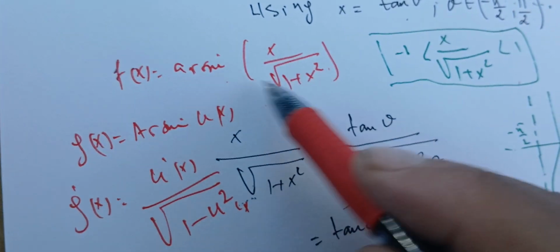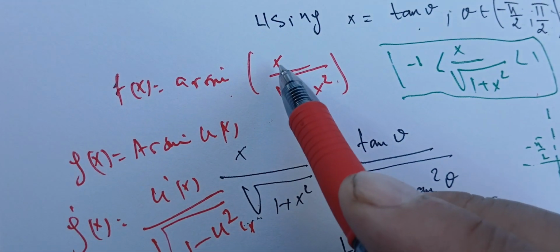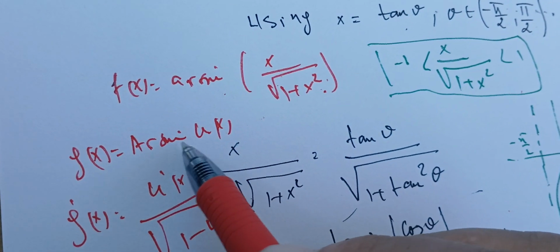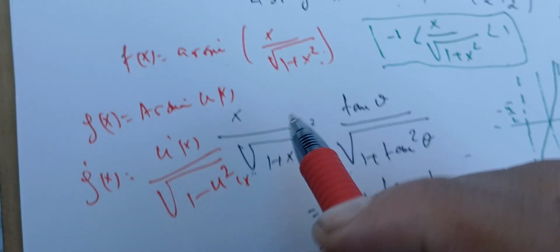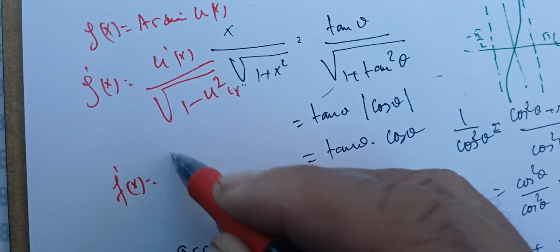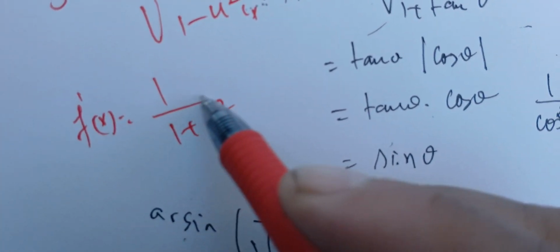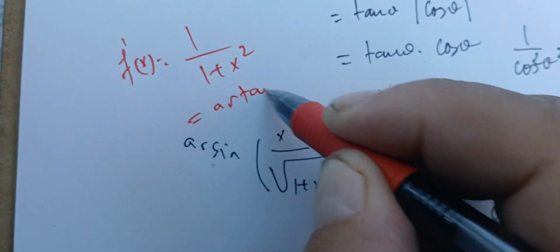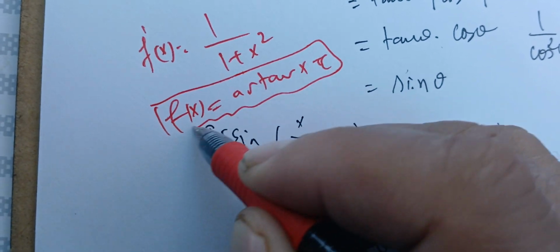If we do all these steps for f, taking u of x as x over the square root of 1 plus x squared, we get that f prime of x is 1 over 1 plus x squared. And we know a primitive of this one: it's just the arctangent of x plus c. So f of x is arctangent of x plus c.